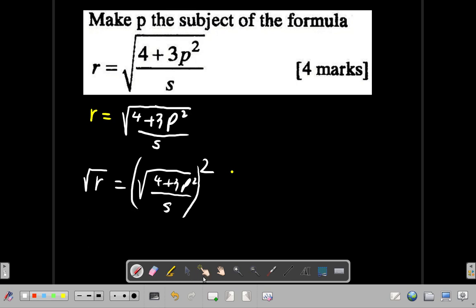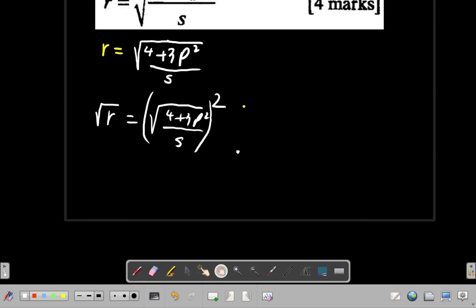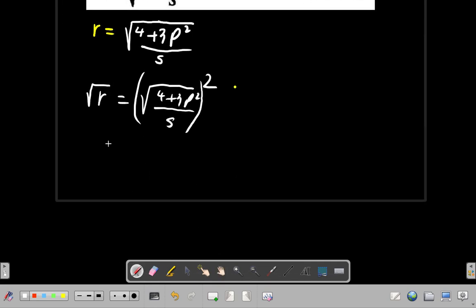So the next thing that would happen here is that you have the square root of r equals 4 plus 3p squared divided by s. You see that? So square root and square, those are inverse of each other. They cancel each other. So this is what you get.